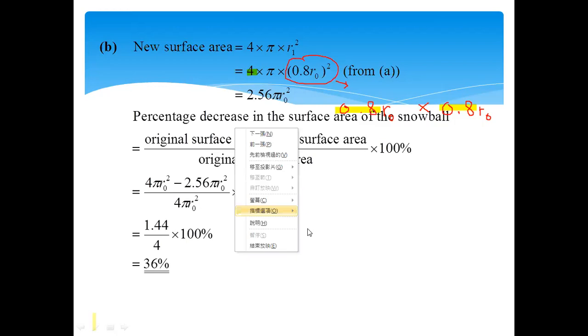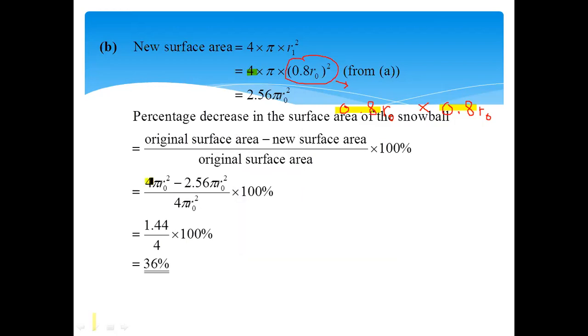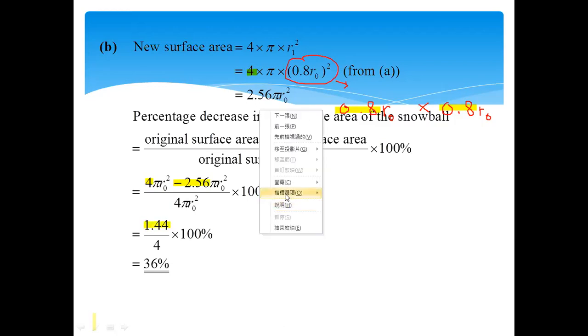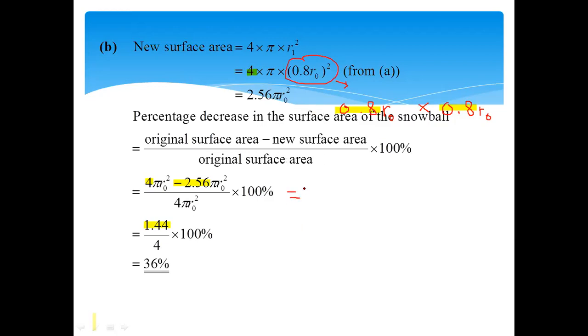How come this value? 4 minus 2.56, so it is 1.44. And of course, you may write one more line: 1.44 pi R0 squared over 4 pi R0 squared times 100%.